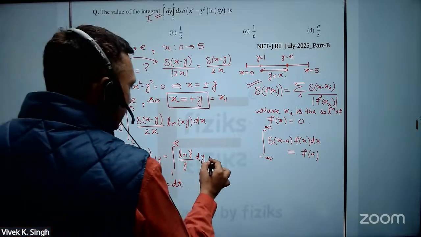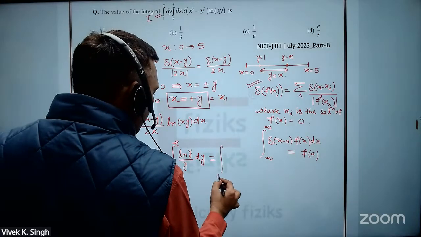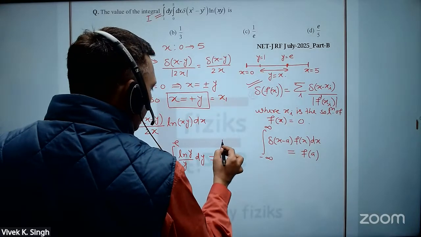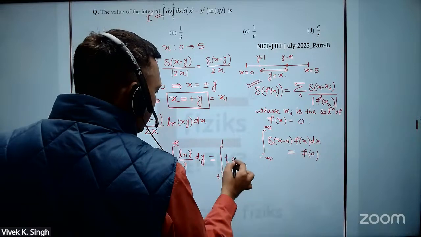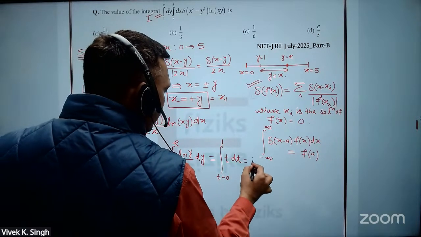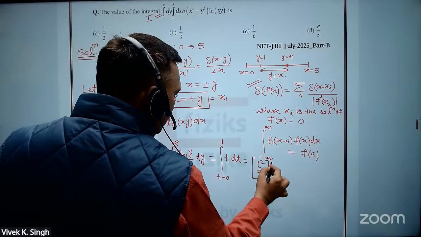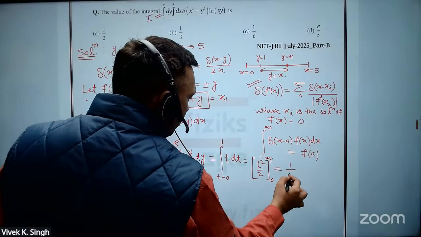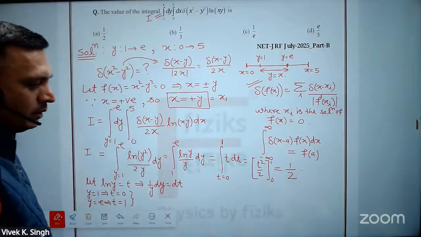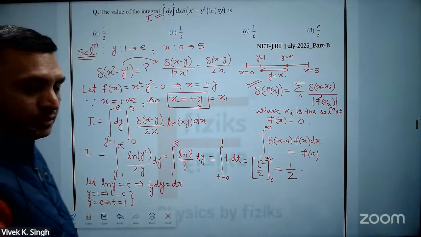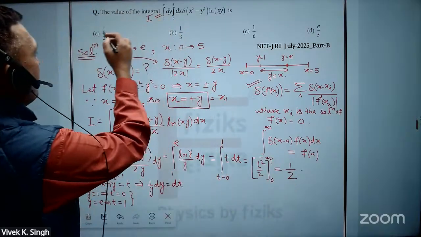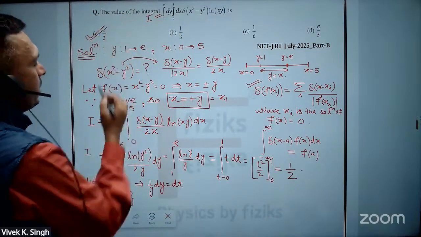So the limits go from t equal to 0 to 1, and the integral of t dt gives t square by 2 from 0 to 1. So this particular integral value is 1 by 2.